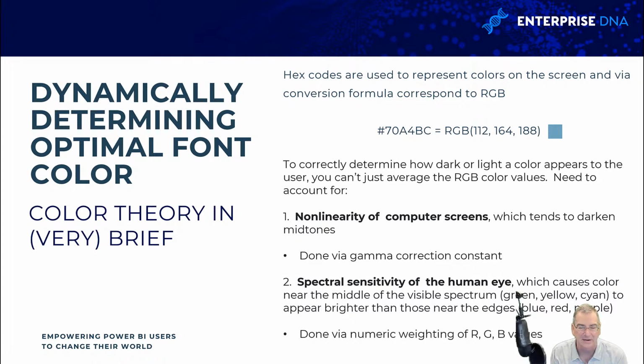But this has been studied in depth. And then there's a second one, which is the spectral sensitivity of the human eye, which causes colors near the middle of the spectrum, so the greens, yellows, cyans, to appear brighter than the ones at the edges. And so you can adjust for that using numeric weighting of the RGB values. And we'll see that in the DAX that I'm about to show you.